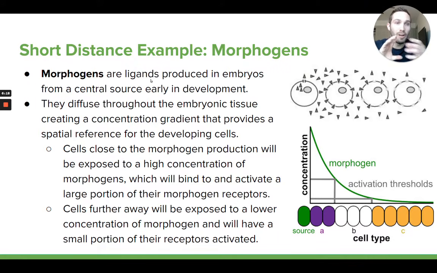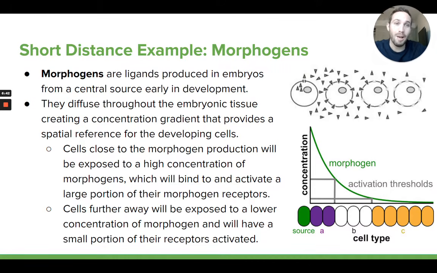So very early on when an embryo is developing, basically when it's starting off as just a clump of cells before it starts morphing into something that looks like a real living offspring. At the very early stages of embryonic development, there are these signaling molecules called morphogens that are really important.